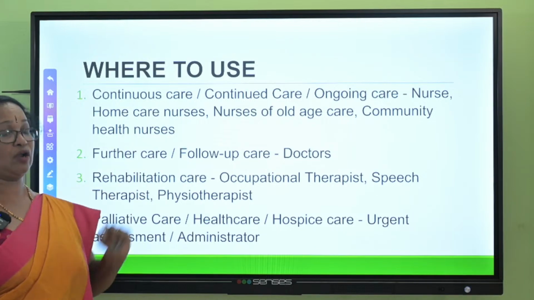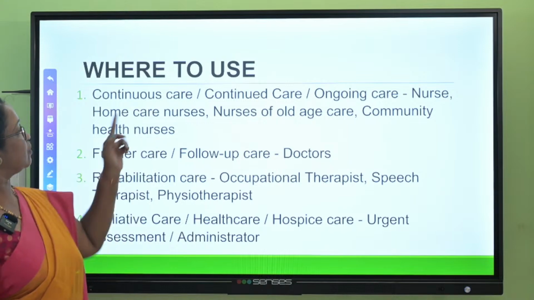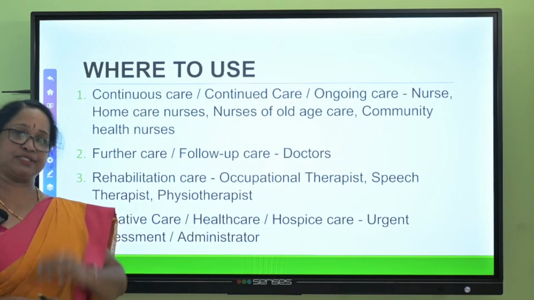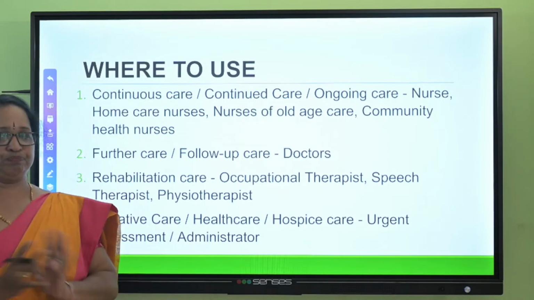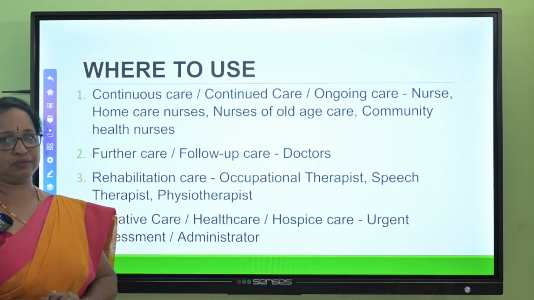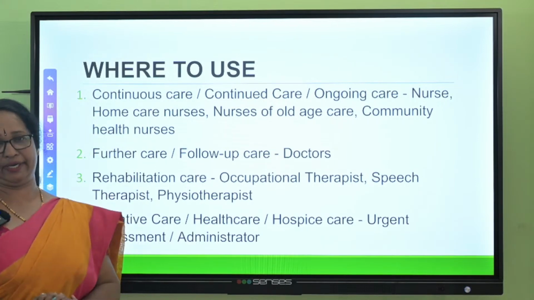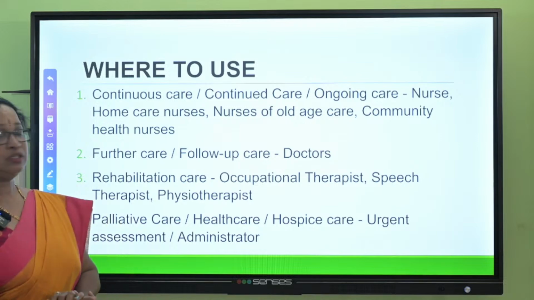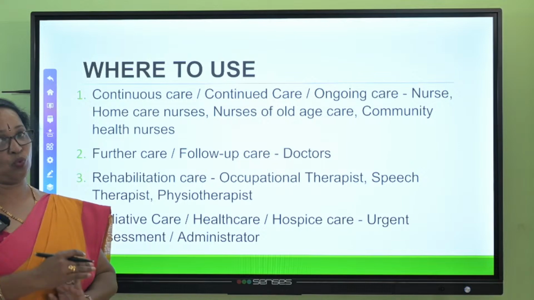Continuous care is only for a limited period of time, maybe 2 or 3 months. But continued care or ongoing care is given to the patient throughout the period.